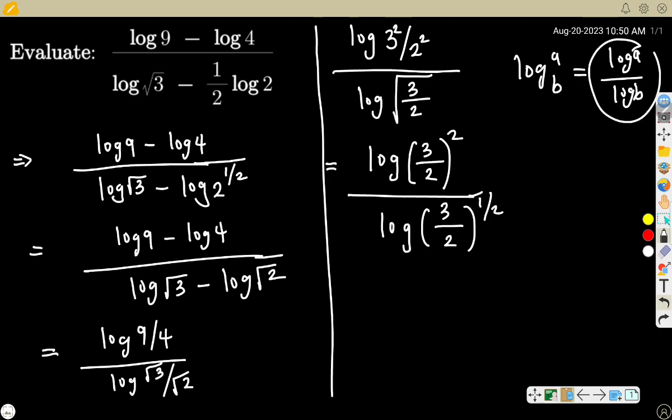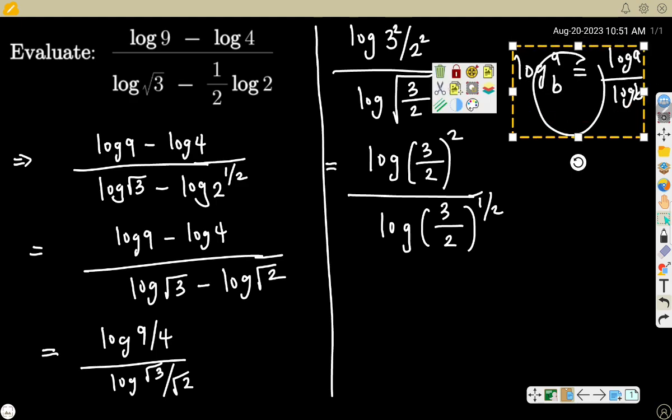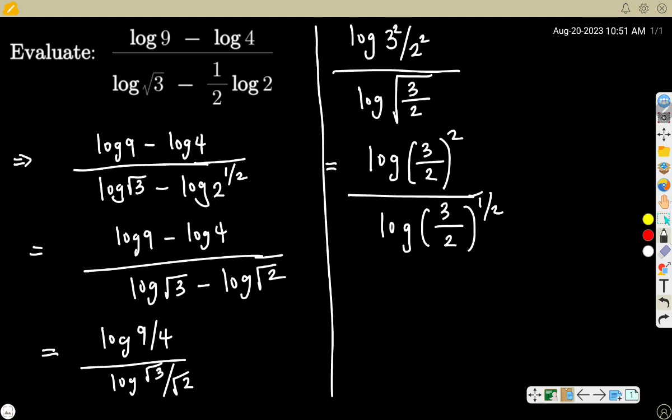So now that means our question can become log 3 over 2 square, as in this one, base 3 over 2 raised to power half.